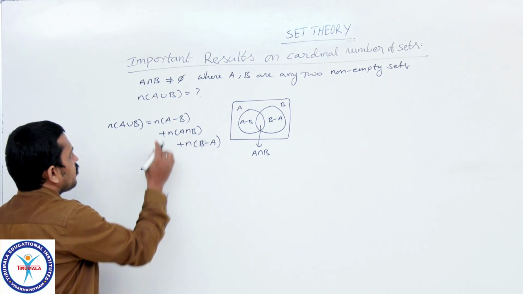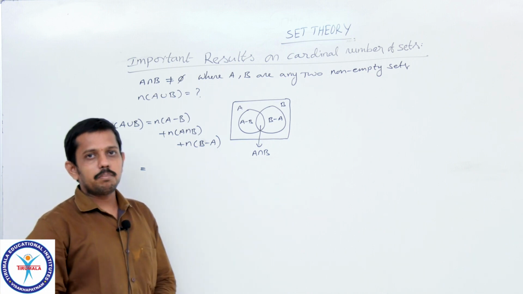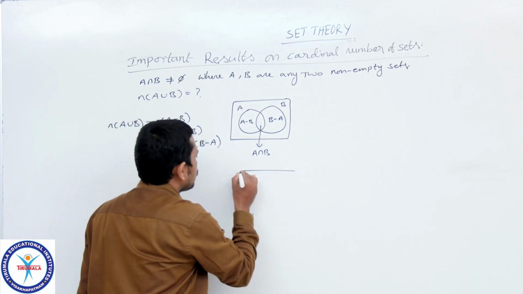So, how will we find the number of elements in A minus B? What is A minus B?